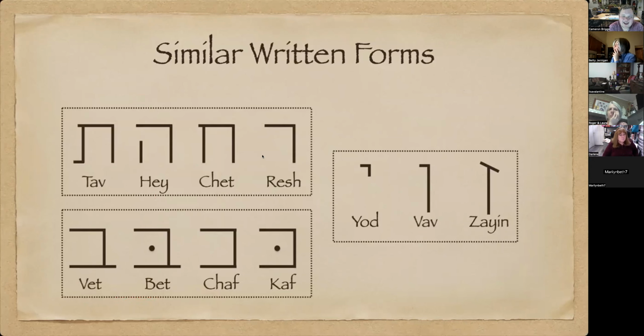All right, so let's take a look at the written form. If you're just writing this on your paper, let's look at the difference between resh, het, hey, and tav. We don't have the curviness of the type there, but if we're drawing a resh, it's just a right angle.